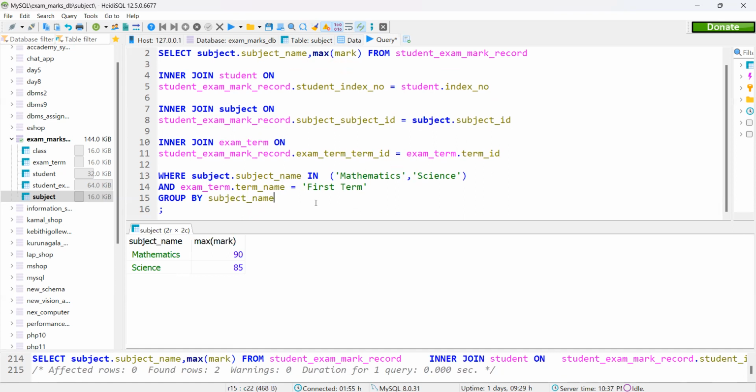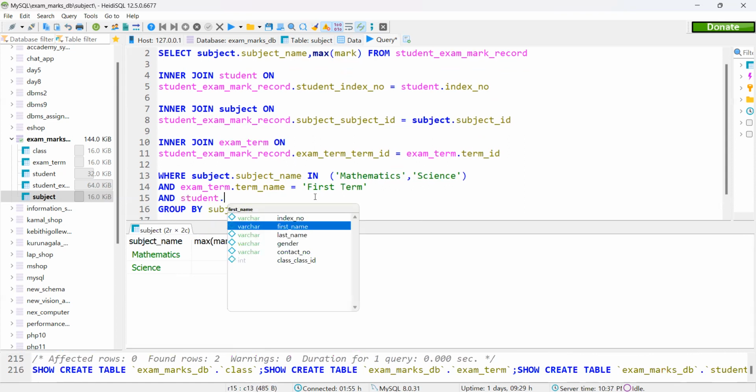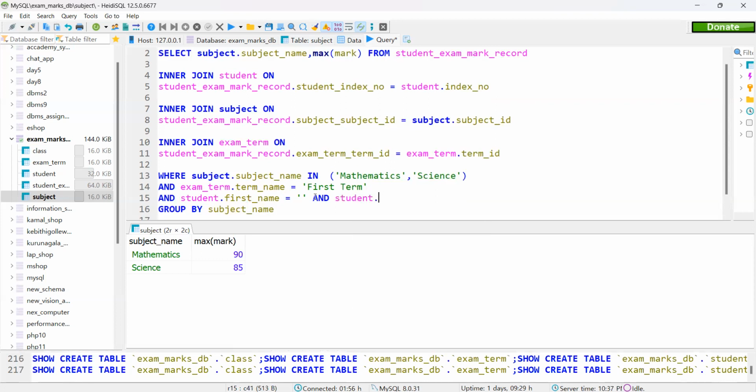We have to specify the student name. Therefore, we add another condition: student table first name equal to Amanda, and last name, so we add last name, and we bracket that one.